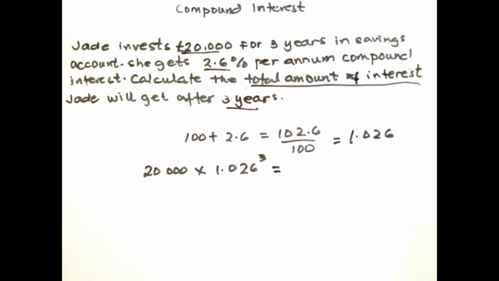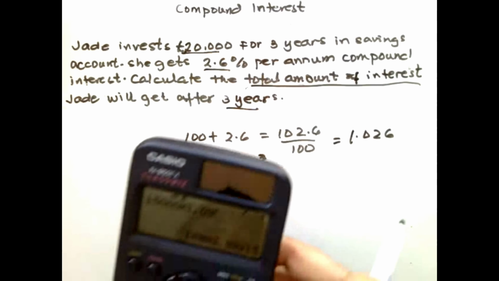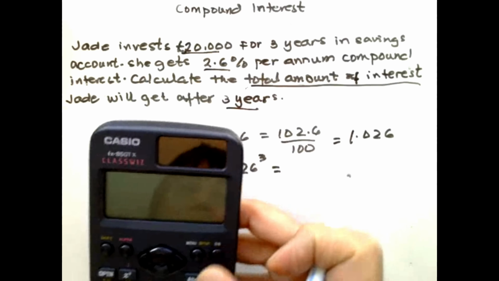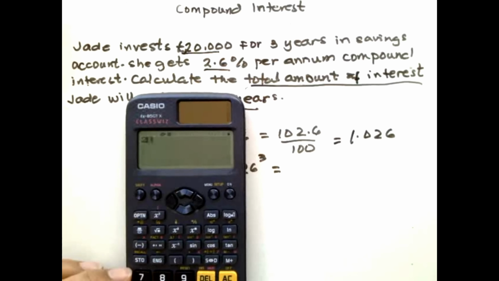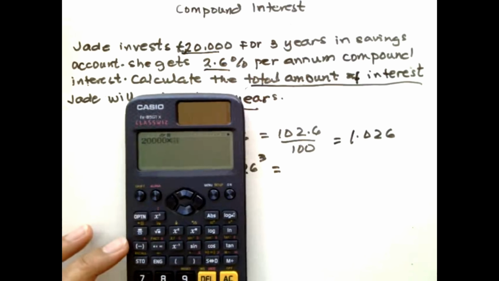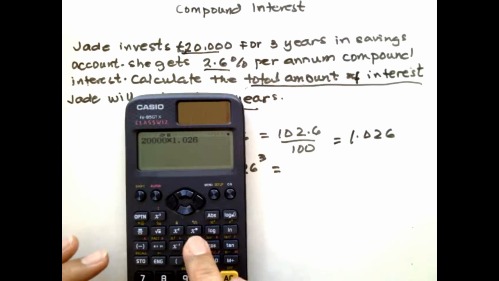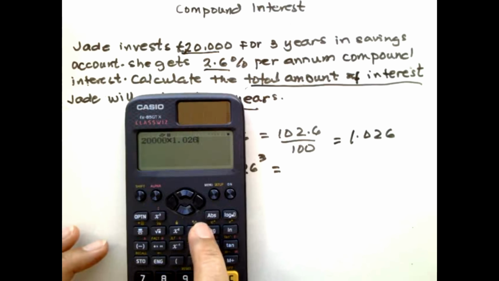We're going to do that using the calculator again. We put 20,000 multiplied by 1.026, and then we press the x with the power, and you put 3 years.